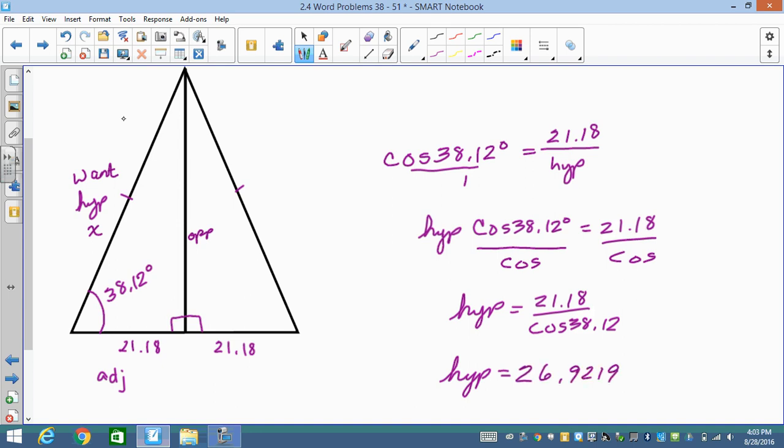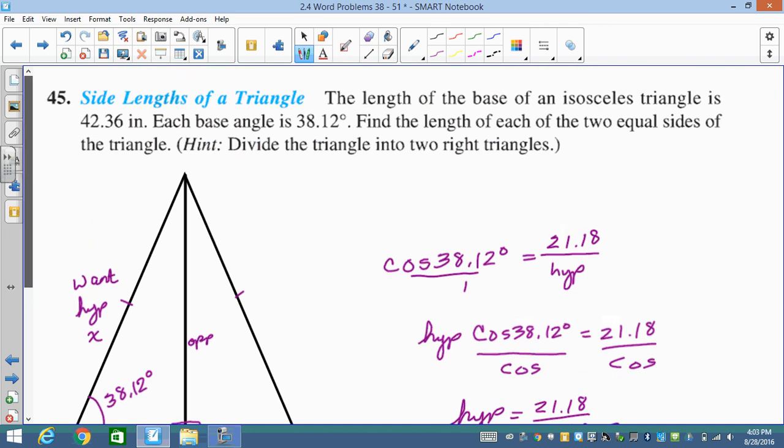26.9219. Okay, now significant digits. It looks like our significant digits equals 4.